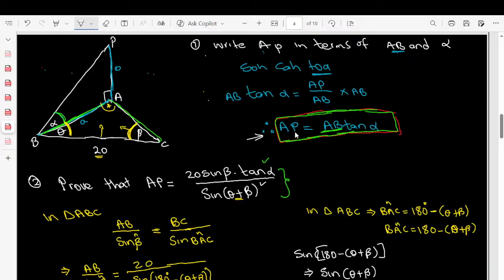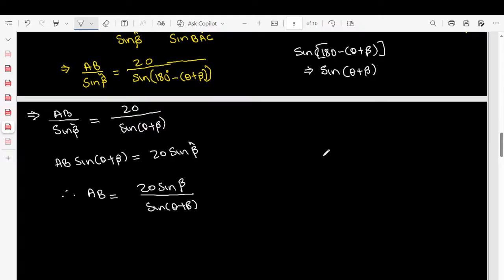So we know that AP is equal to AB times tan alpha. I'm just going to substitute that and say AP, not AB, AP, equals AB times the tan of alpha.